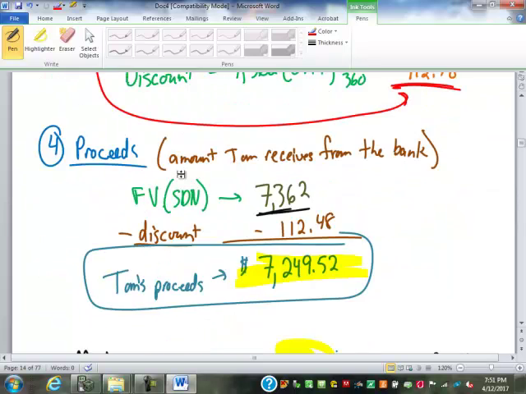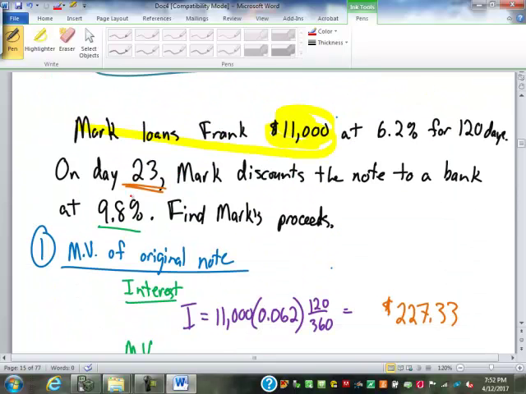Down here, the discount rate and the rate of the original note are a lot further apart. And Mark only held this for 23 out of 120 days. Only about 1/6 of the time. Between 1/6 and 1/5 of the time. So Mark held this note for a lot less of the period of it. So the bank's going to have to hold it for longer, so they're going to have to charge more.